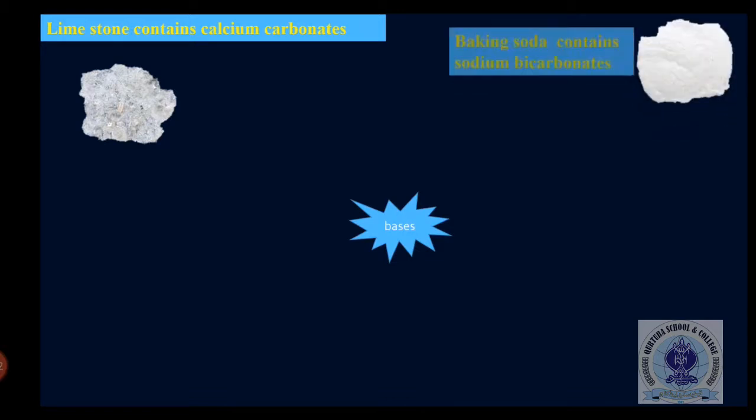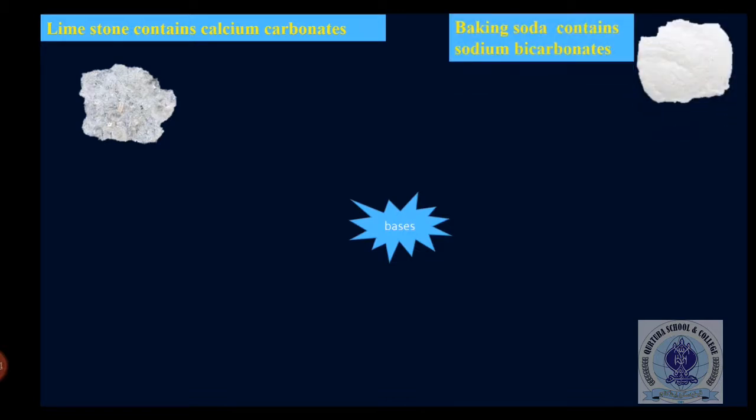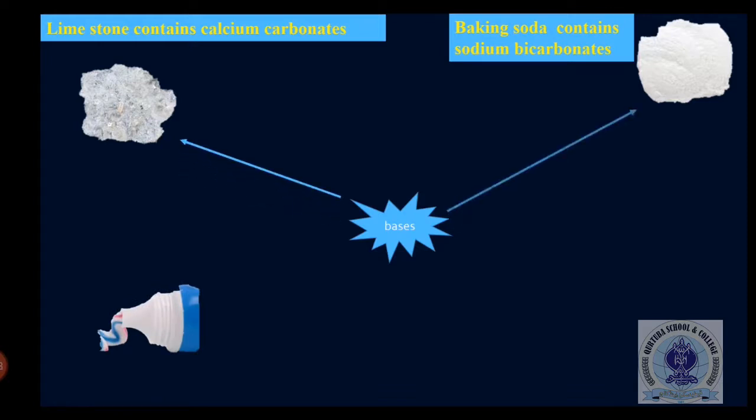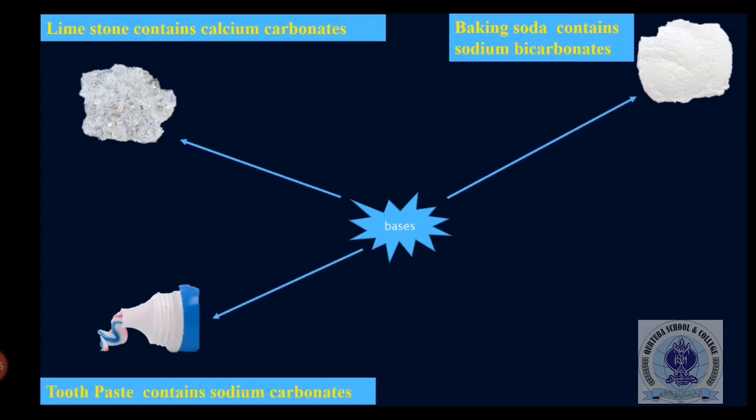A second example is baking soda, which we use in confectioneries, in our flour, etc. And it contains sodium bicarbonate. Our toothpaste also contains sodium bicarbonate. So these are actually basic salts or basic solutions. Their pH is above 7, so that's why we have put them in the category of bases.